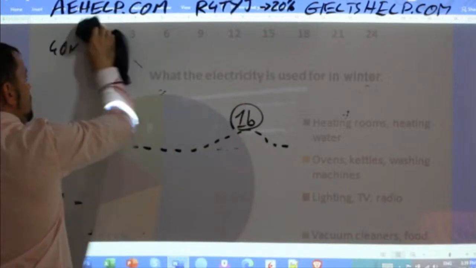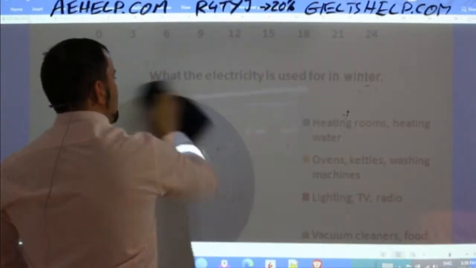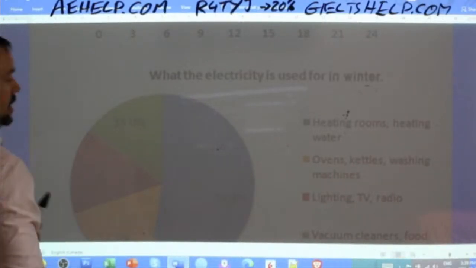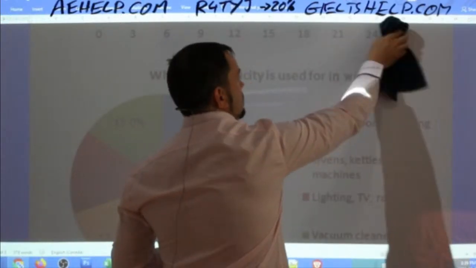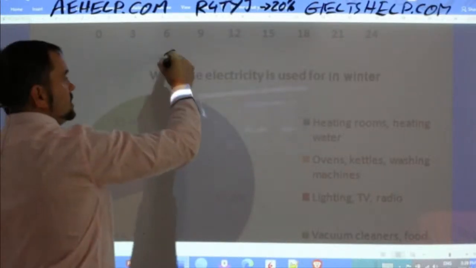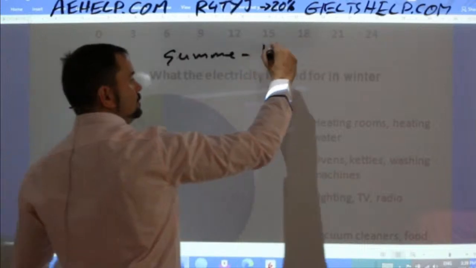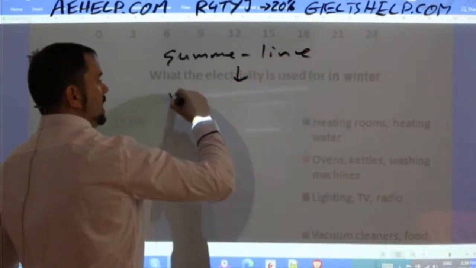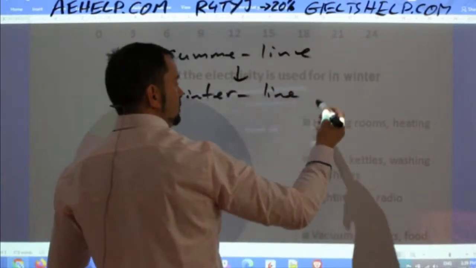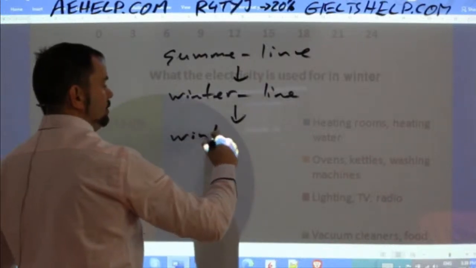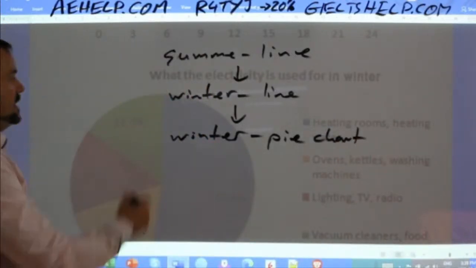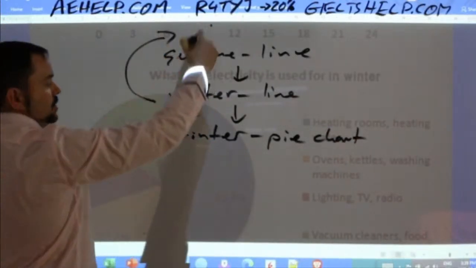So what I want for my essay's structure, because you're being marked on coherence and task completion and so on, so the overall quality, is the summer line graph in the essay, followed by the winter line graph, followed by the winter pie chart. So it makes more sense than if I have it go winter, summer, winter.